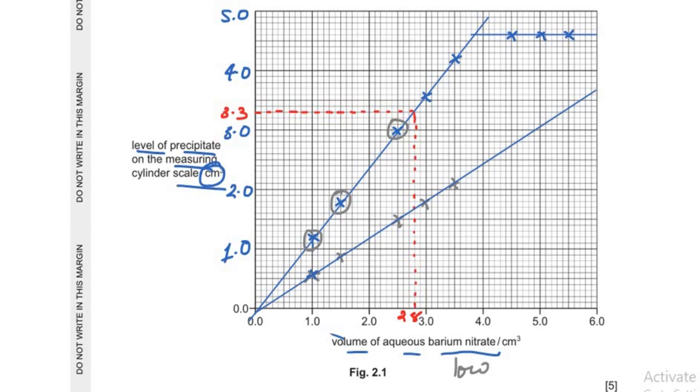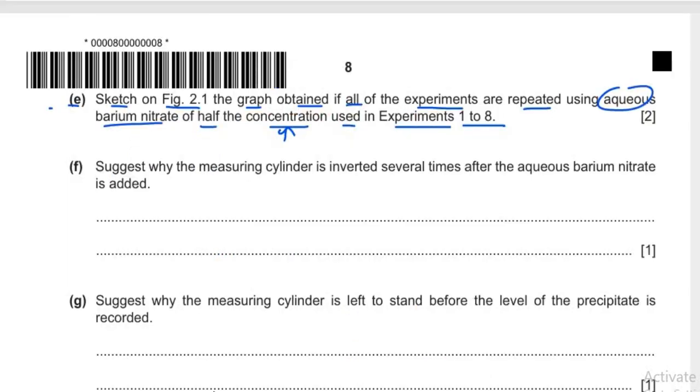If we join these points, this straight line will continue till the end without leveling off, because the level at which all the magnesium sulfate gets reacted, and the highest level of precipitate, will not be achieved. So this is the second line we draw, an inclined line going straight up. So yes, the E part is completed.